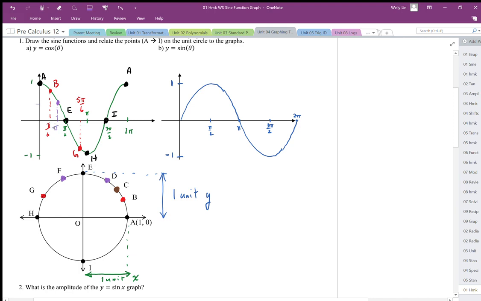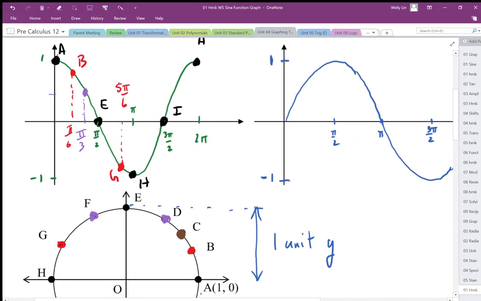So this represents pi over 3. I'm just going to zoom in a bit. And then symmetrically on the other side, the horizontal positioning is going to be at 2 pi over 3, so it's going to be right about here. Symmetrically the same on the other side, at 2 pi over 3, and so this would represent point D and point F.